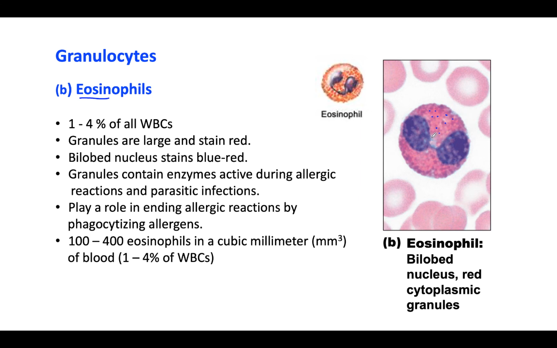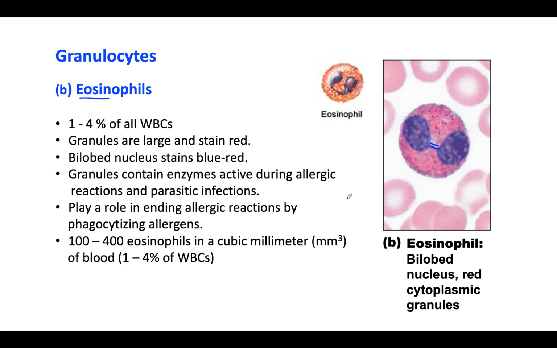The nucleus has 2 lobes, interconnected by a broad band. Granules of eosinophil contain digestive enzymes released during allergic reactions and parasitic infections. So their numbers are elevated in people with allergies.